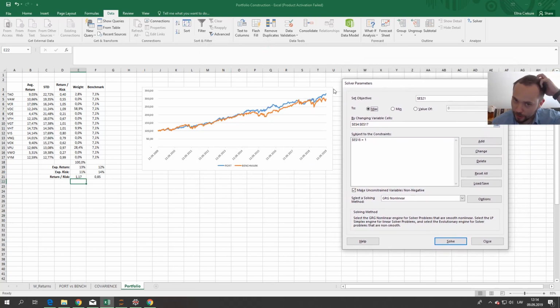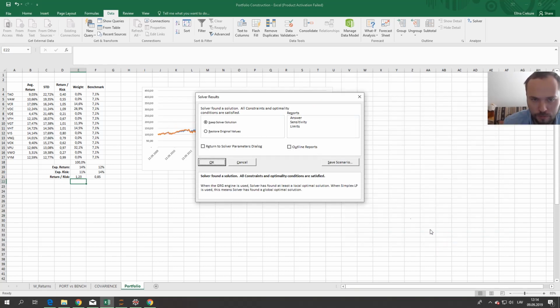foundation for your calculated expected returns, not average returns, but what you actually expect from each asset, then you can call this the expected return of your portfolio, and then it's worth to actually do this calculation also to maximize return per risk. So we change the objective cell, change the optimization to maximization, and click solve.